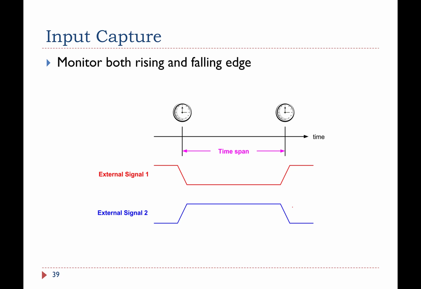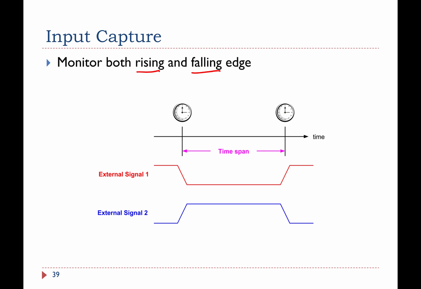Okay, so now let's talk about what we want to do when we're doing input capture. Input capture is different than the output compare, because what you're trying to do with the input capture is generally monitor what frequency comes in or when you have some start or stop event that can be monitored by rising or falling edges or both.